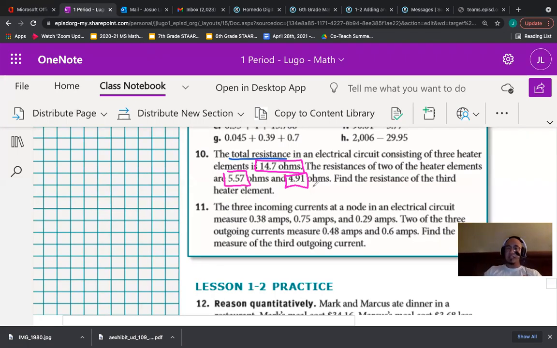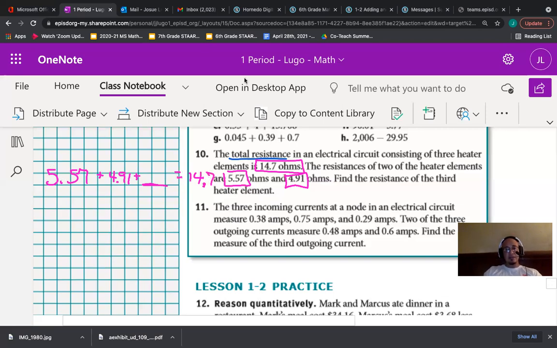So they're asking, well, what is that third one? So again, we're adding 5 and 57 plus 4 and 91 plus something else together to give us 14 and 7/10.